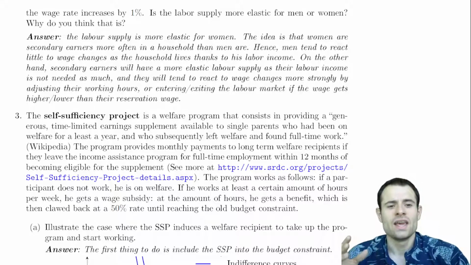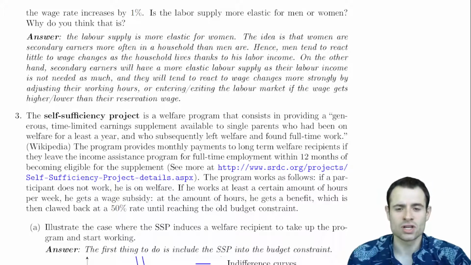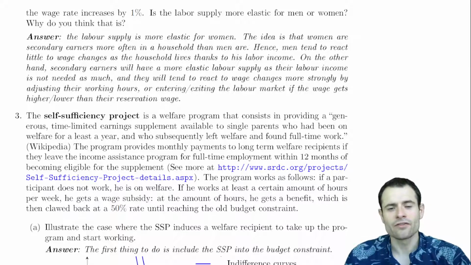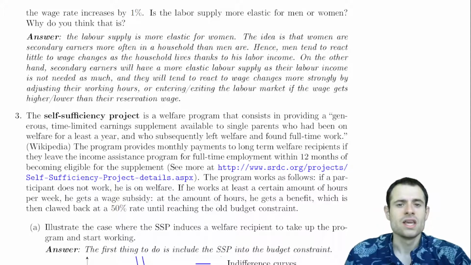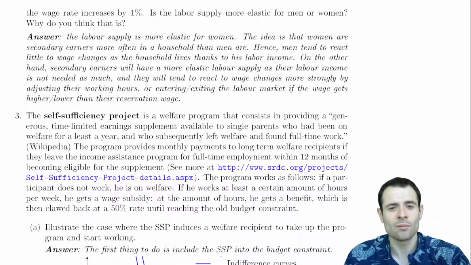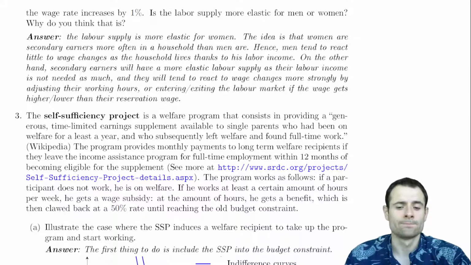But this highlights the more general idea that if some people are living together and are sharing resources, the primary earner will have a lower elasticity of labor supply because his or her labor income is the one the household counts on to properly function.